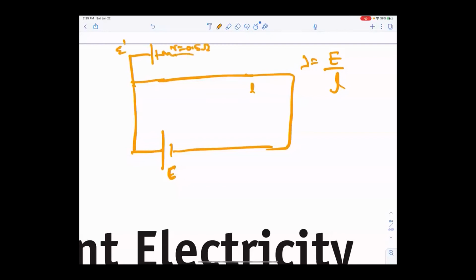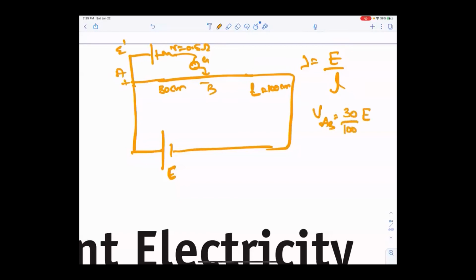Now you are using a galvanometer and finding the balancing length, which is 30 centimeters. And this capital L is given as 100 centimeters, right? So the voltage between A and B is 30 by 100 times E.